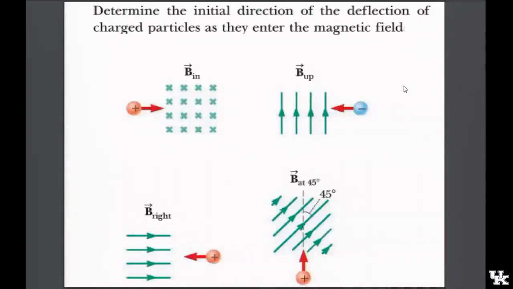Okay, so here's some more right-hand rule examples. I'm going to go through 3 or 4 of these. We've got 4 different situations: top left, top right, bottom left, bottom right.